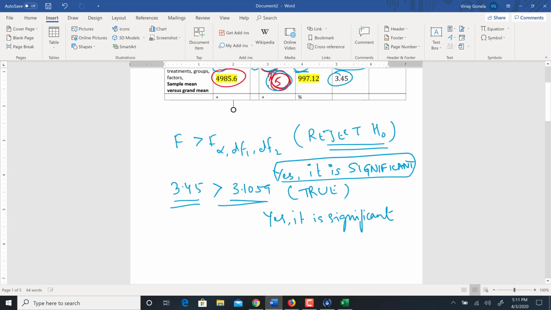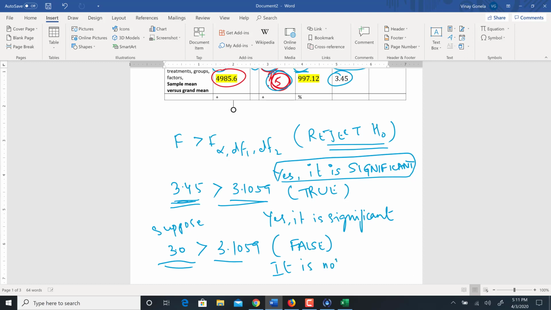Suppose this value would have been something like 3, greater than 3.1059. Now this is a false statement. 3 is not greater than 3.1059, so this is a false statement, and then you will say it is not significant.